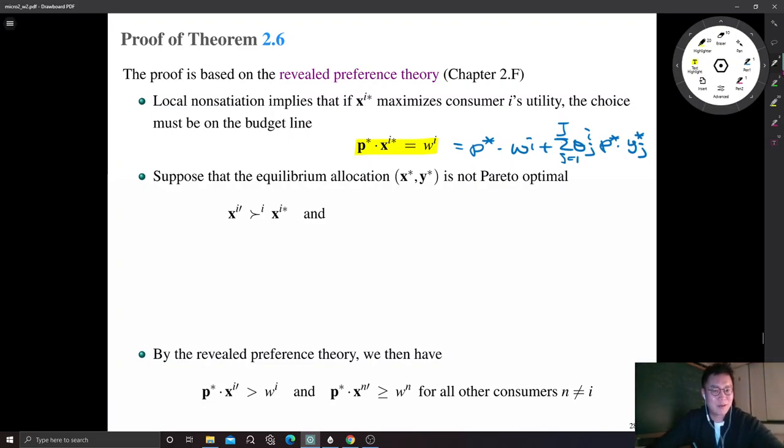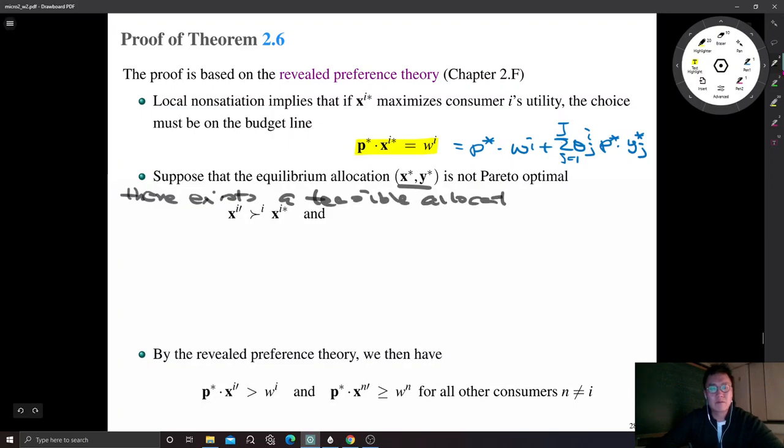If x star and y star is not Pareto optimal, it means there exists a feasible allocation x prime and y prime such that every consumer prefers x prime.